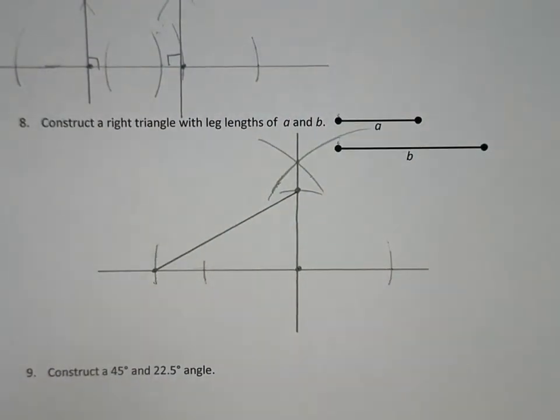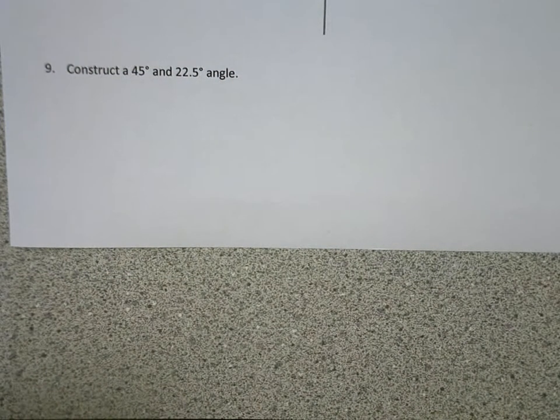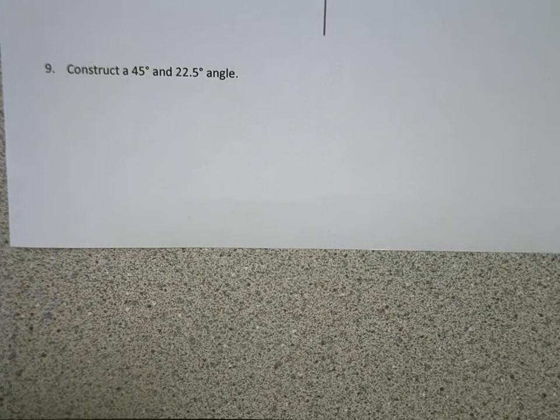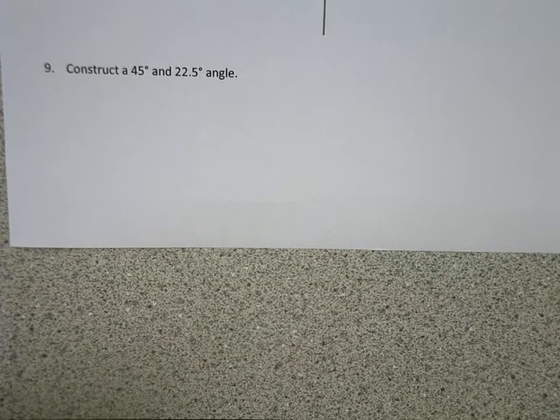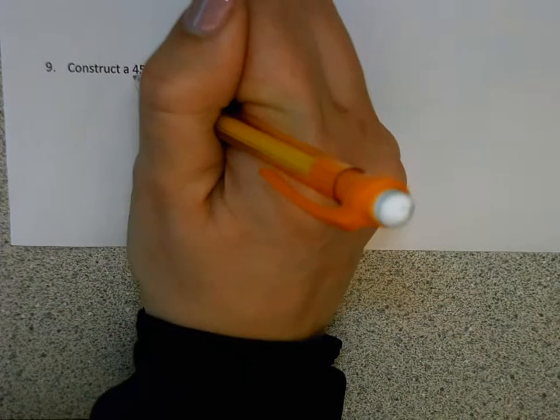Construct a 45 degree and a 22.5 degree angle. Let's think about this. We know how to construct perpendiculars, right? How many degrees is that? 90. And then what? Cut it in half, and that gives you 45. And how do we get 22.5?